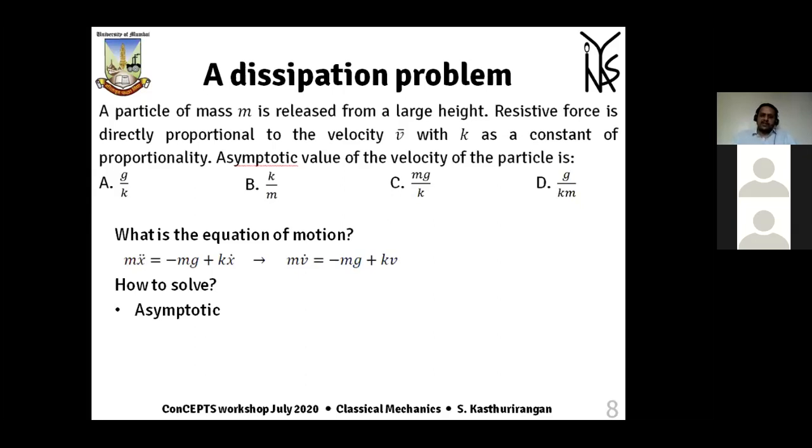Asymptotic means that it will attain some kind of constant value towards the end, which means that v dot will be equal to 0. If you put v dot equal to 0, you can directly get an expression for v, and that turns out to be v equals mg by k, which is option C. So just by inspection, you can do all this. You need not actually try to solve anything.